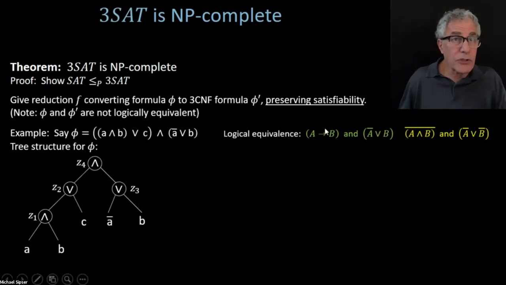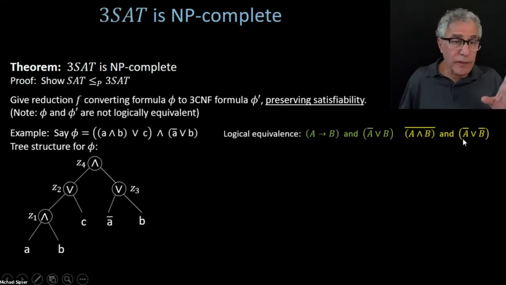However, if A is false, B can be anything. And similarly, if B is true, A can be anything. The only thing that's prohibited is A true and B false. That's the only thing that would be invalid. And so if you think about it, that's equivalent to saying that either A is false or B is true. One of those has to be, and that's logically equivalent to saying that A implies B.